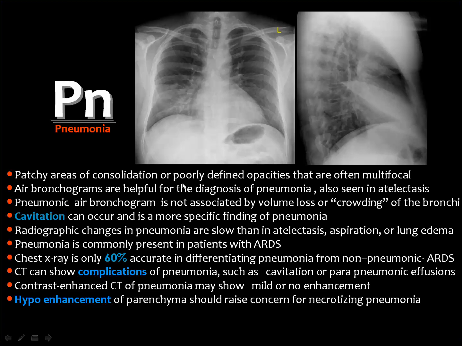Patchy areas of consolidation are usually seen in the lung, either unilateral or bilateral. Air bronchogram is one of the well-known features of pneumonic consolidation, and cavitation can occur and is a more specific finding of pneumonia, as I have mentioned.